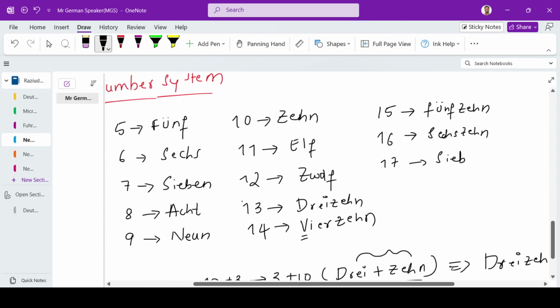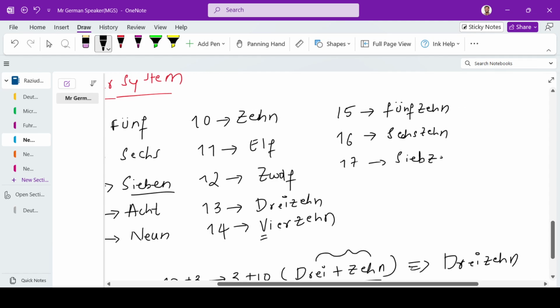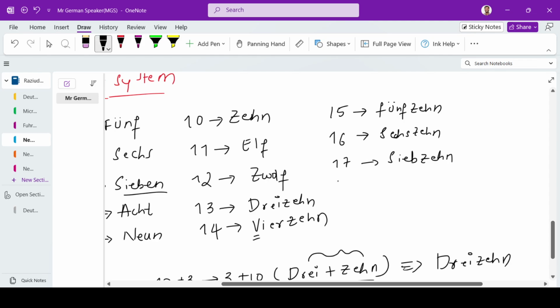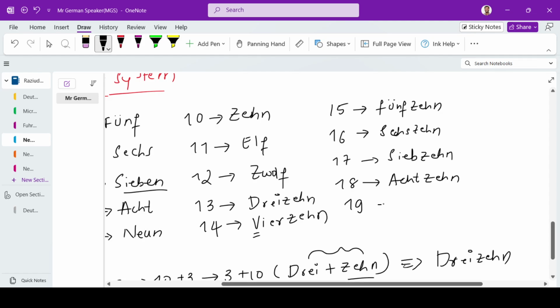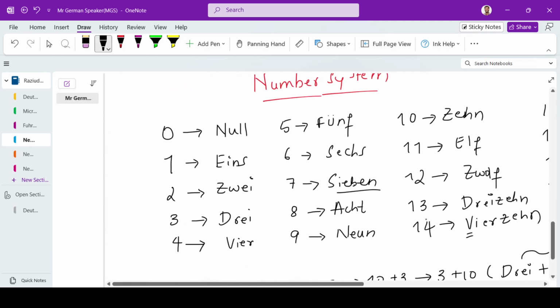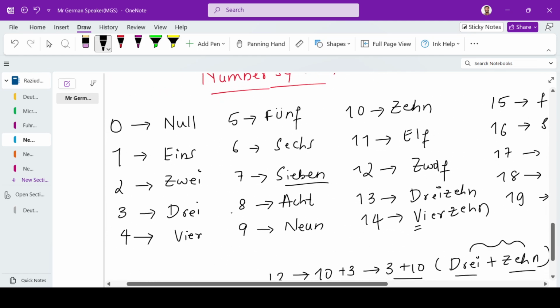We don't write it as sechzehn-style; we write siebzehn, so we write siebzehn, not sieben-zehn. And similarly, 18 will be achtzehn. For 19, neunzehn.